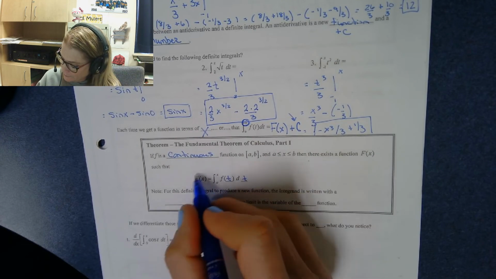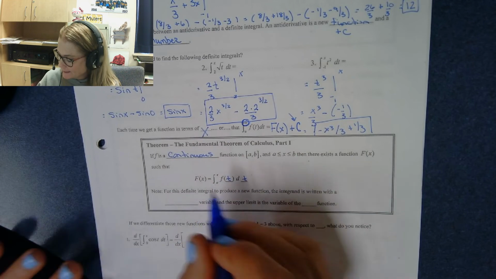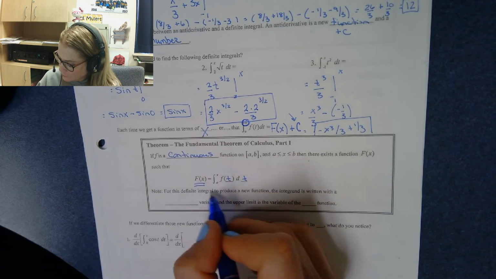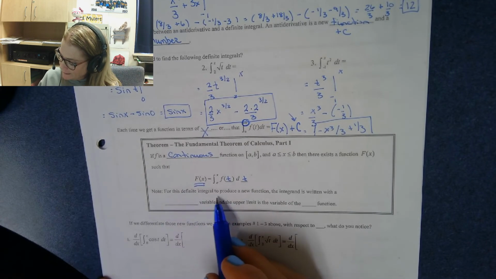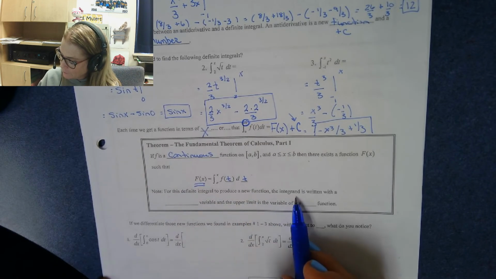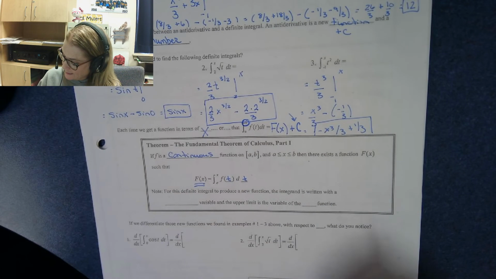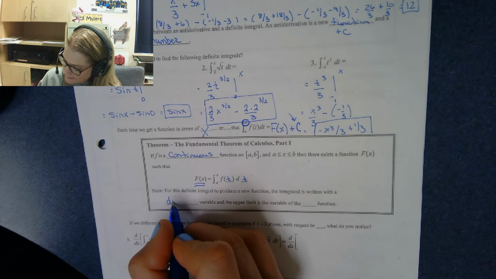Now, f of x is this integral function, a definite integral function from a to x. For this definite integral to produce a new function, the integrand is written with a constant lower variable. So we kind of call it a dummy.